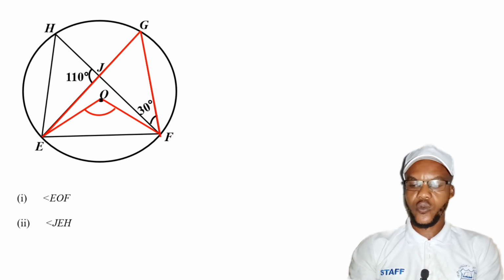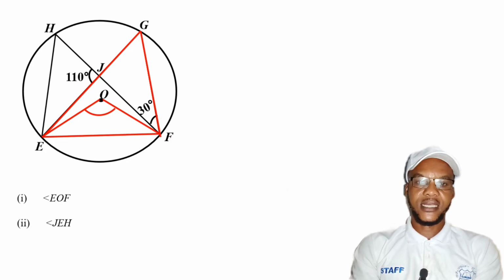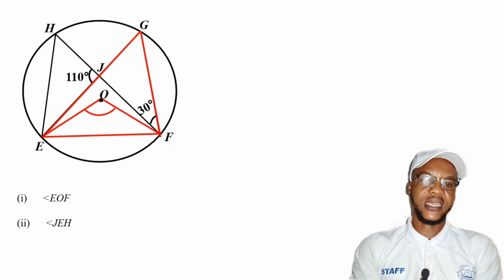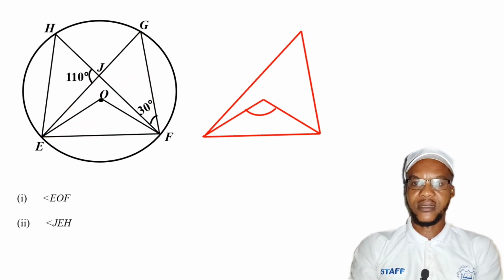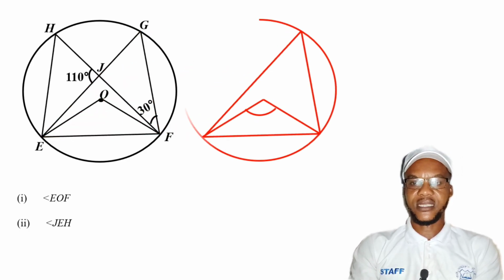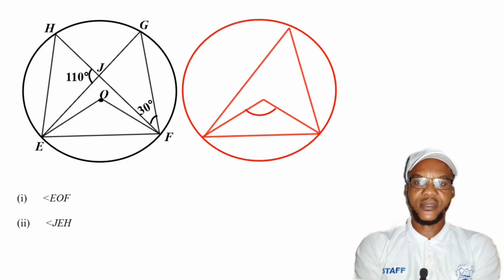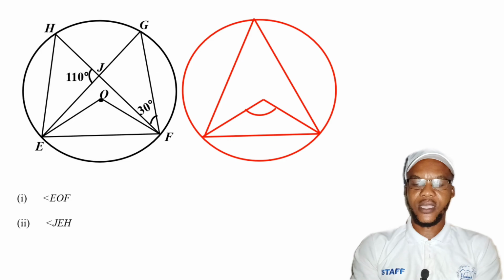So if that is what we are talking about, we can form that angle and look at this angle. We have our circle here like this. So this is the angle we are talking about.